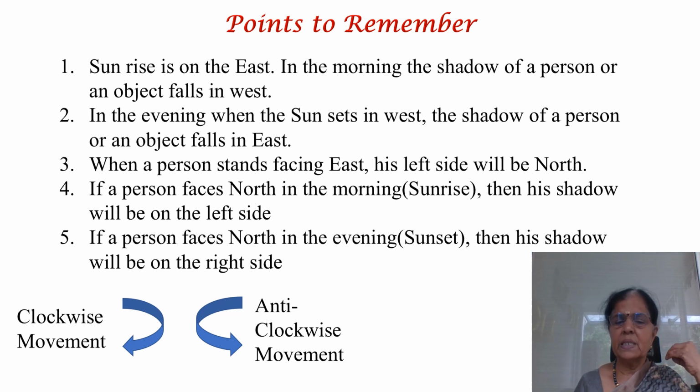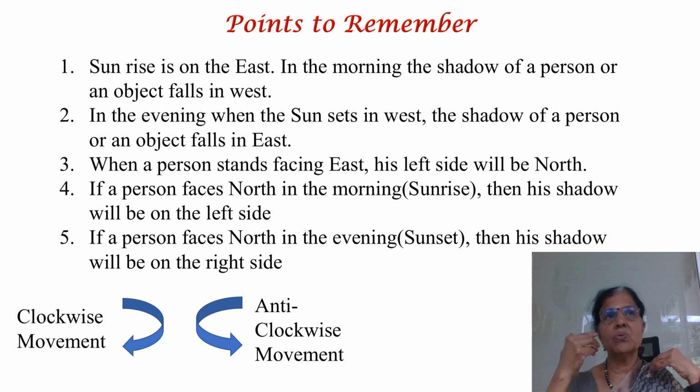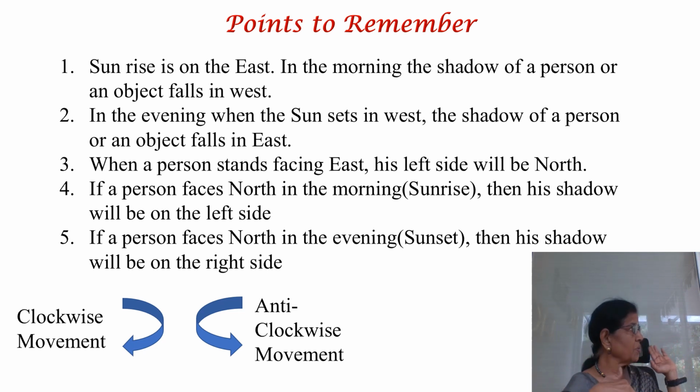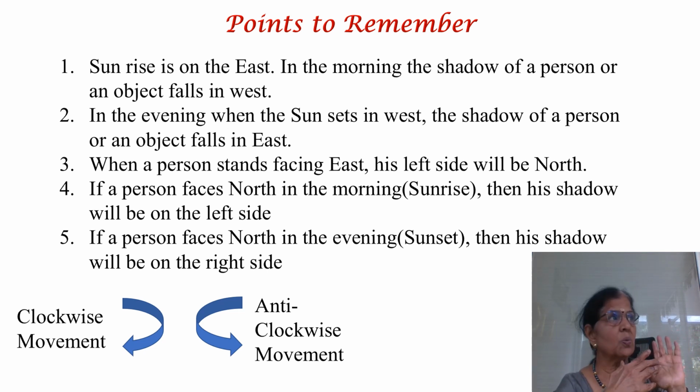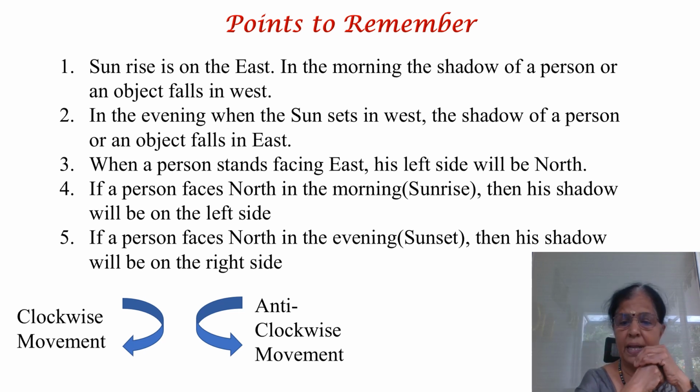And always remember, when you are standing facing the east direction, your left hand side will be north. And the opposite will be true. If you are standing facing the north, your right hand side will be east. And if a person is facing the north direction in the morning, his shadow will be on his left side, because the sun will be on the east and the shadow will be on the left side, that is on the west.